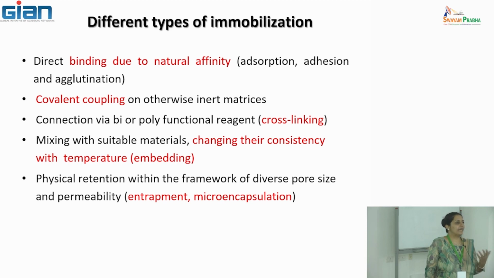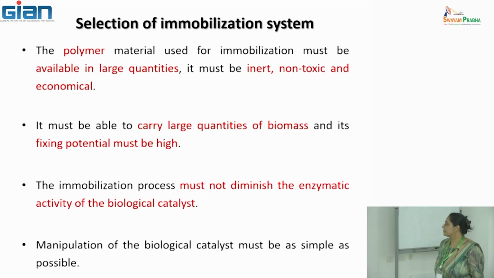Different techniques can be used for cell immobilization, ranging from covalent coupling, natural affinity, which will include adsorption, adhesion, agglutination, or cross-linking by using polyfunctional agents, or using temperature to change the consistency and physical properties, like when you use agarose gels. Or you also use entrapment like calcium alginate beads.